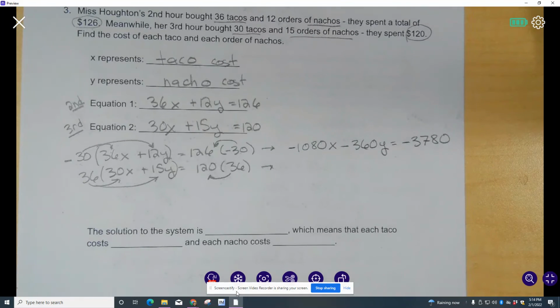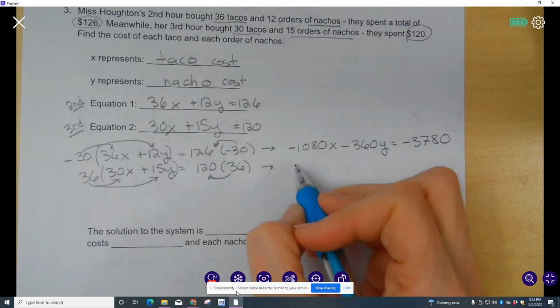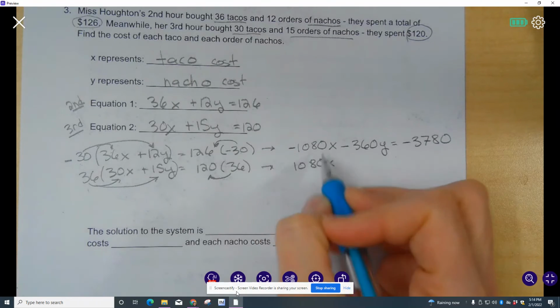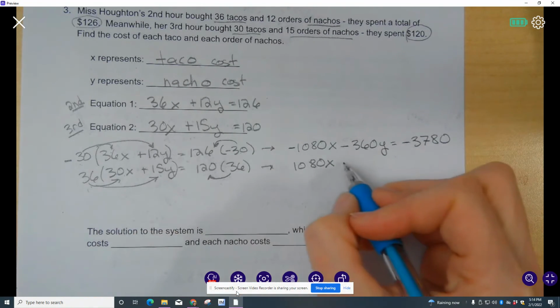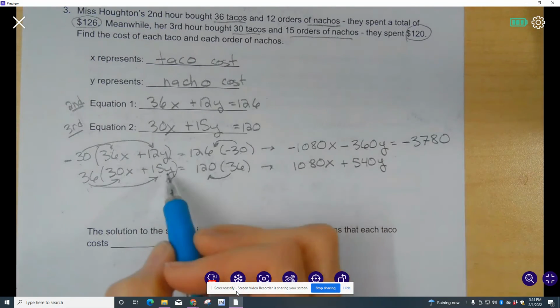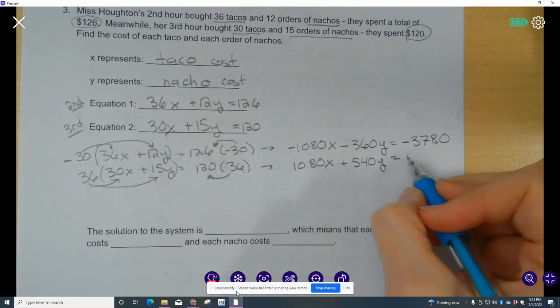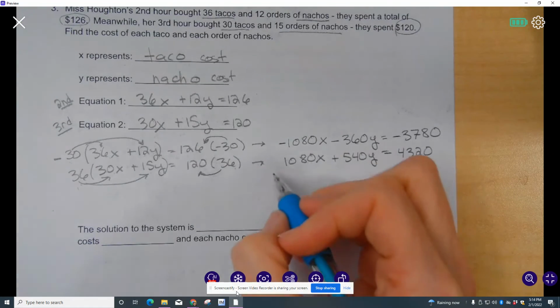Those are big numbers. You should check them in the calculator. Make sure I did them right. Second equation, 36 times 30, again, is going to be 1,080, but this one will be positive. There's our opposites. 36 times 15 is positive 540. Y, don't forget the Y, equals 120 times 36 is 4,320. Woo, we do have some big numbers.